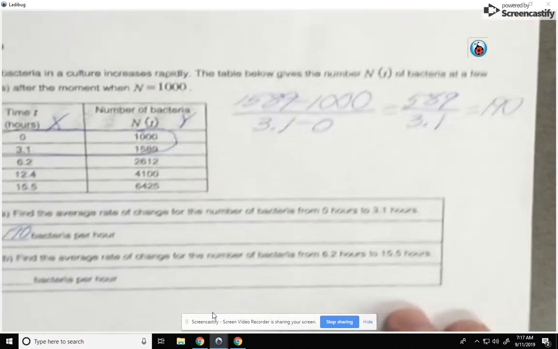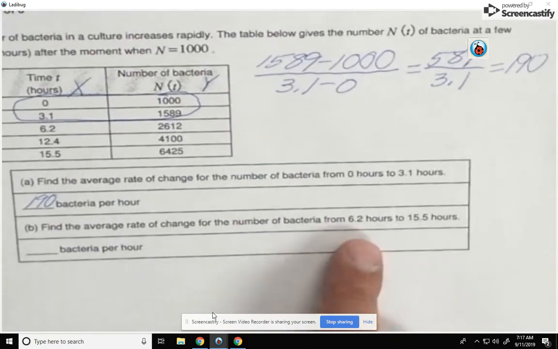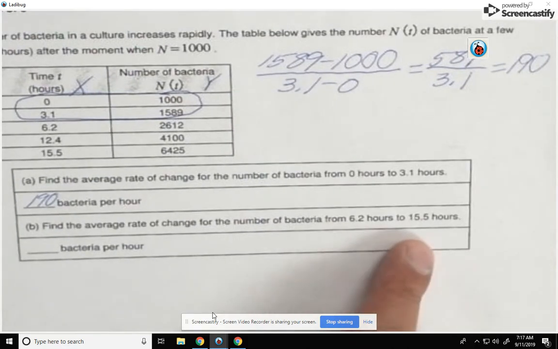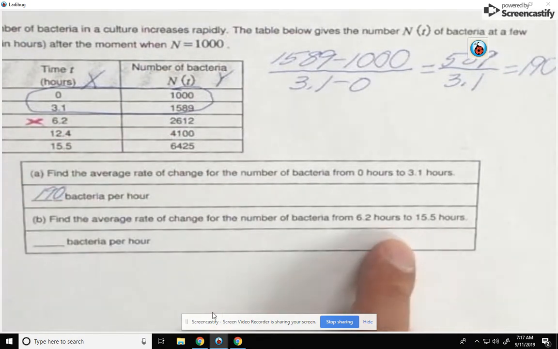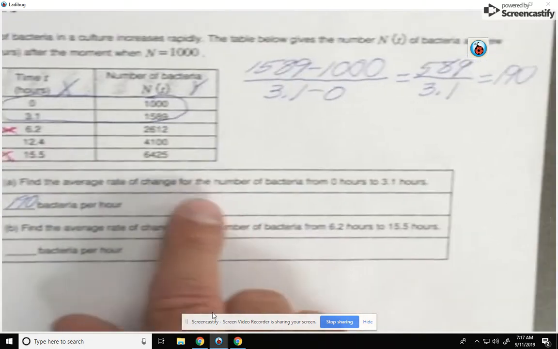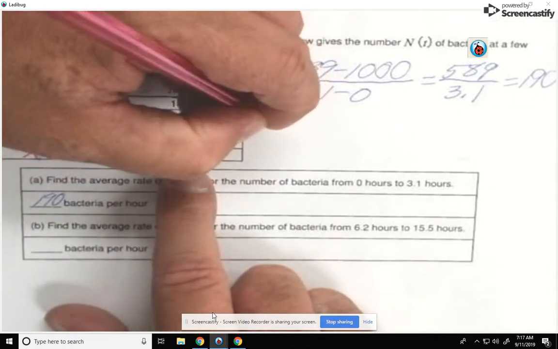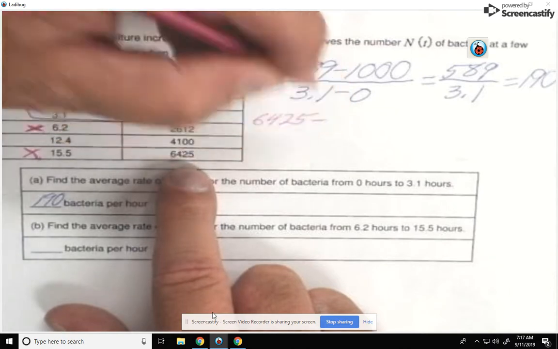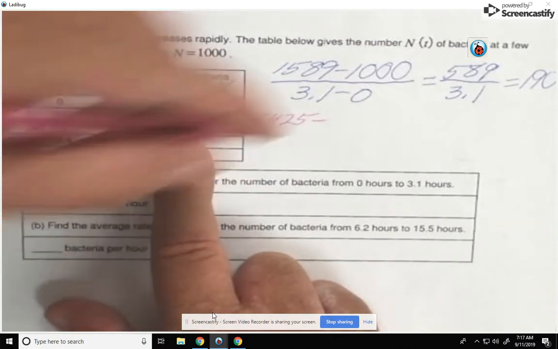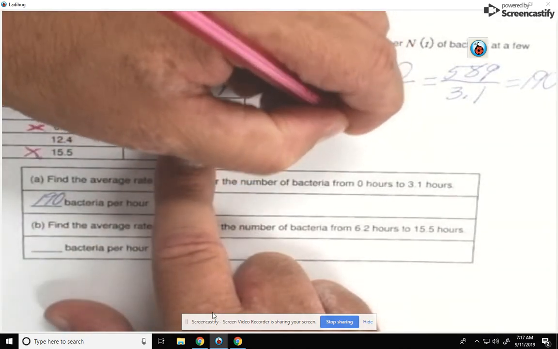Question B says find it for 6.2 hours to 15.5 hours. So here's the 6.2 group, and here is the 15.5. We're going to do essentially the same calculations. So our change in y, we have 6425 going to 2612.